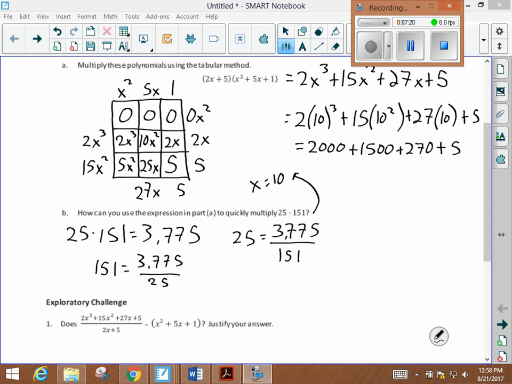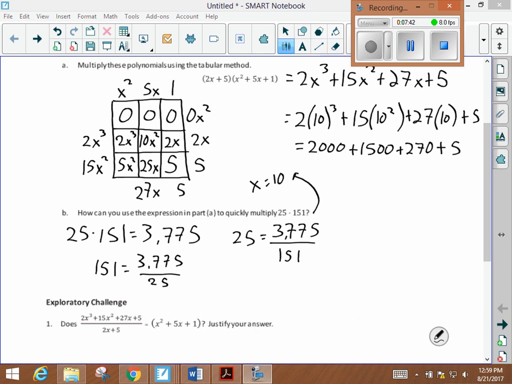While it's not essential for us to do that, it's kind of neat to see that we have this polynomial representing the different place values in our base 10 number system. This 2x cubed is representing our thousands place, because 10 times 10 times 10 is 1,000.